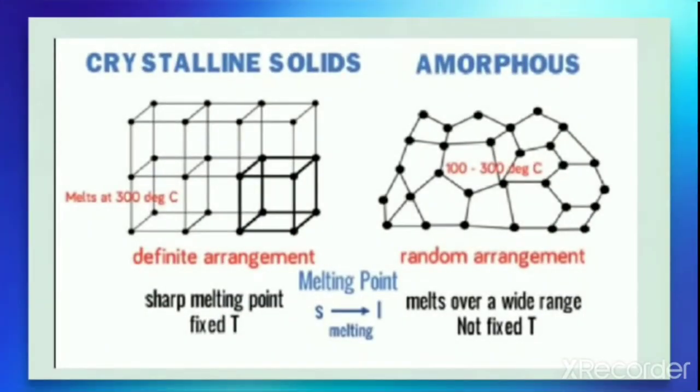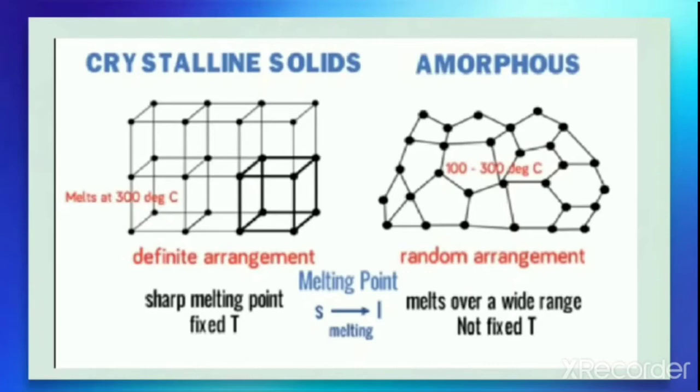Look at this structure. In crystalline solids, you can see a regular arrangement of particles, and because of this reason only, they melt at a particular temperature. That means they have a fixed melting point, or we can say a sharp melting point.